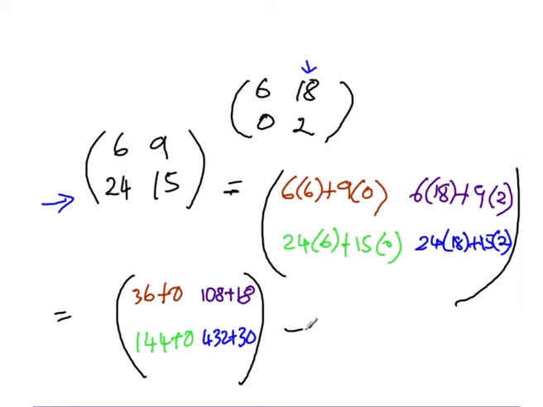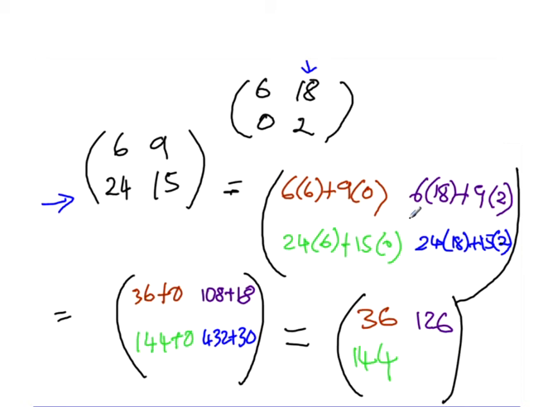And the final value is: 36 plus 0 is 36. 108 plus 18 is 126. 144 plus 0 is 144. 432 plus 30 is 462.